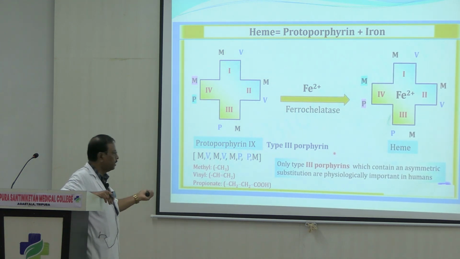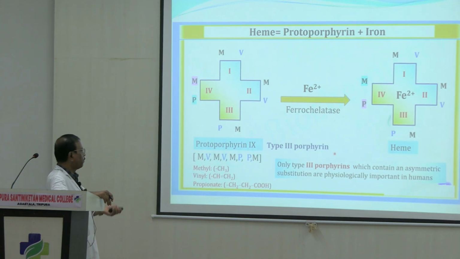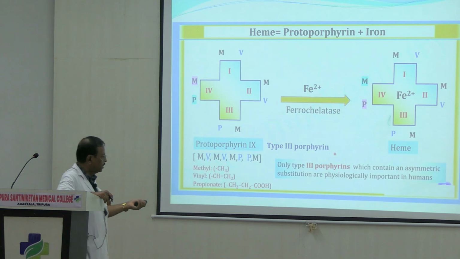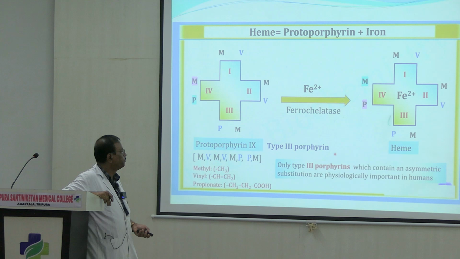So it is asymmetrical in position, and it is a type 3 porphyrin. Only type 3 porphyrins, which contain asymmetric substitutions, are physiologically important in humans.